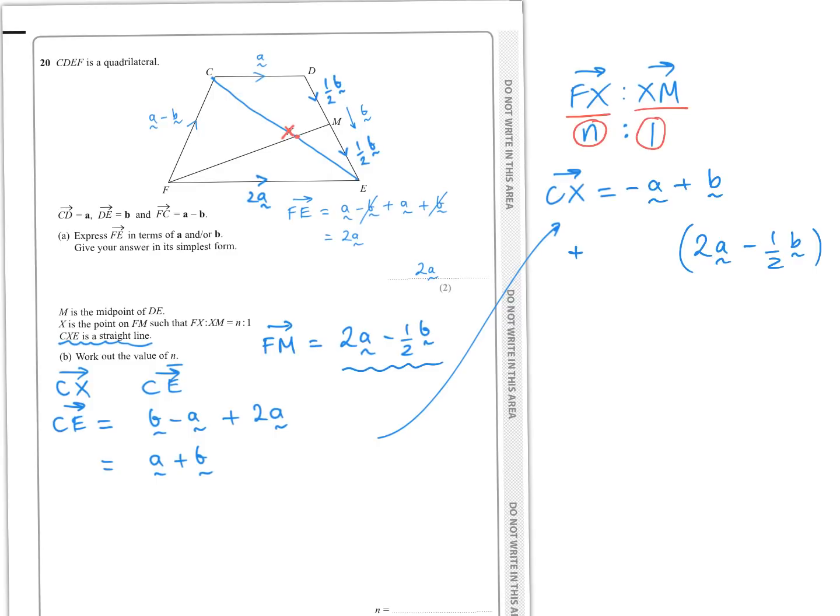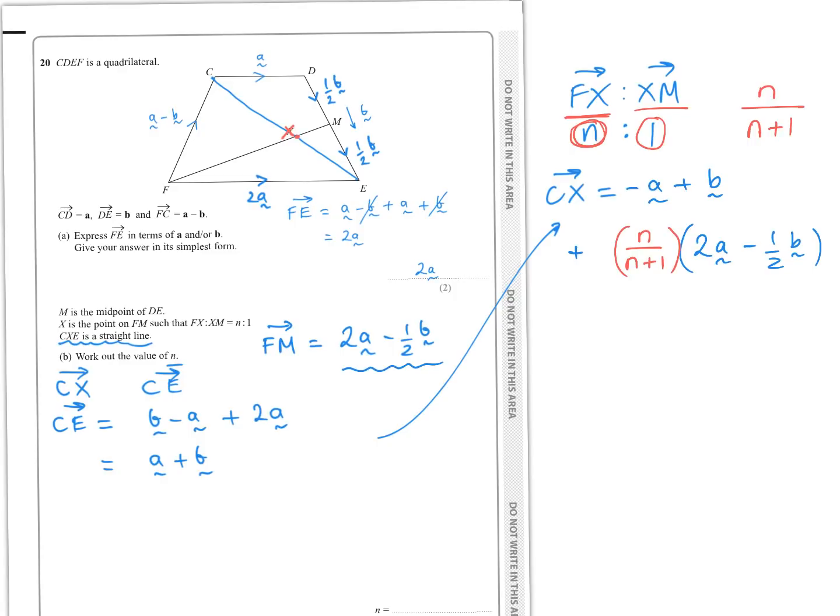So how many parts is that? Well, it's n plus 1 parts to that ratio, and fx has n of them. Okay, so that must be n out of n plus 1 is what fx has. So we know that here we've got to have n over n plus 1.